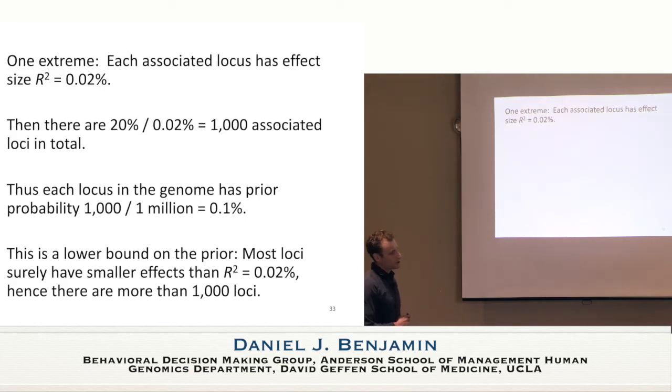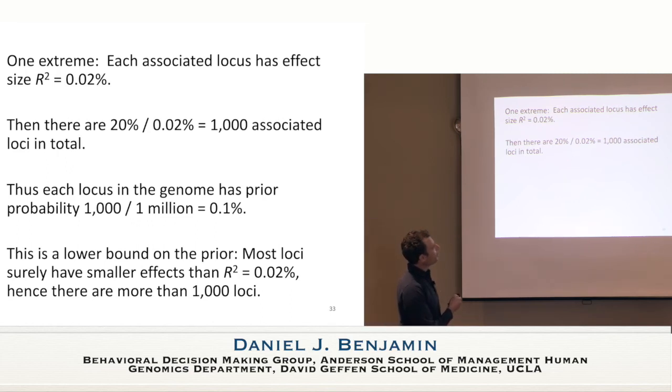For one extreme of our prior, I'm going to assume that every SNP associated with educational attainment has this effect size of 0.02% R squared.